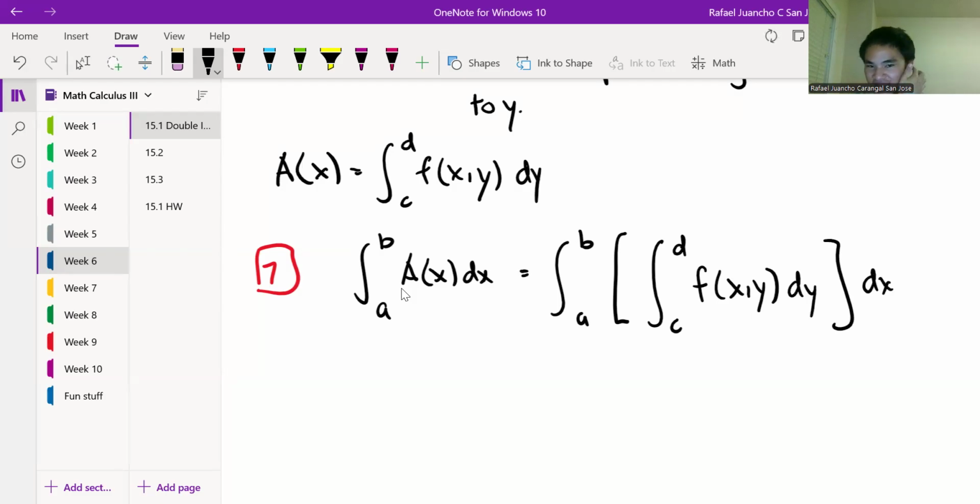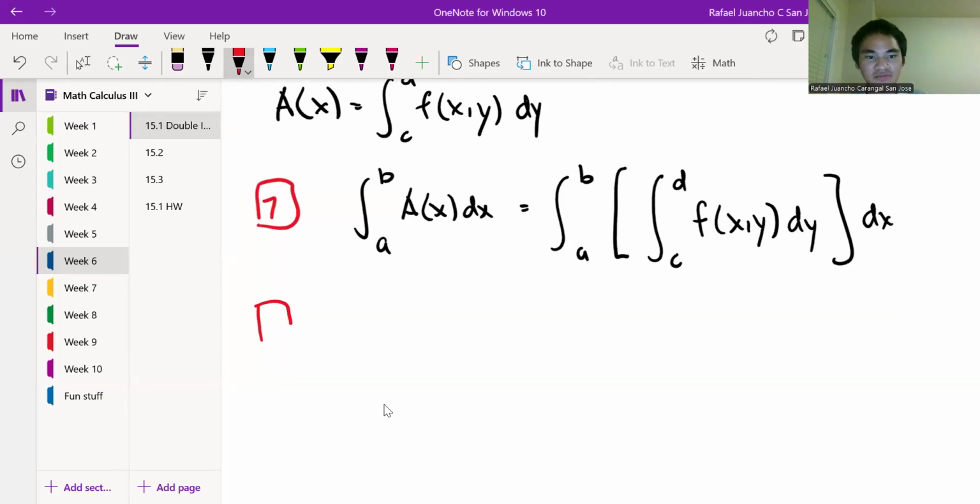So here you see how this is kind of like a double integral. And so the integral on the right side of equation 7 is called an iterated integral. Usually the brackets are omitted.